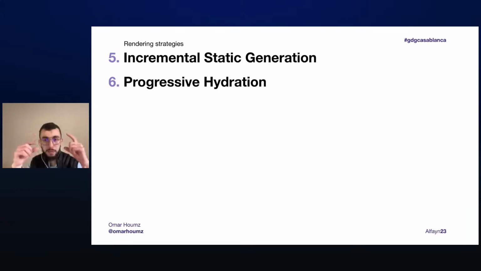Imagine I'm at Amazon and Amazon is using progressive hydration. When I go to the first page of an item, what I see is only the things that are hydrated. The things that are below my screen, after I scroll, that's not hydrated. So if I click on something at the bottom, you see my screen, yes.